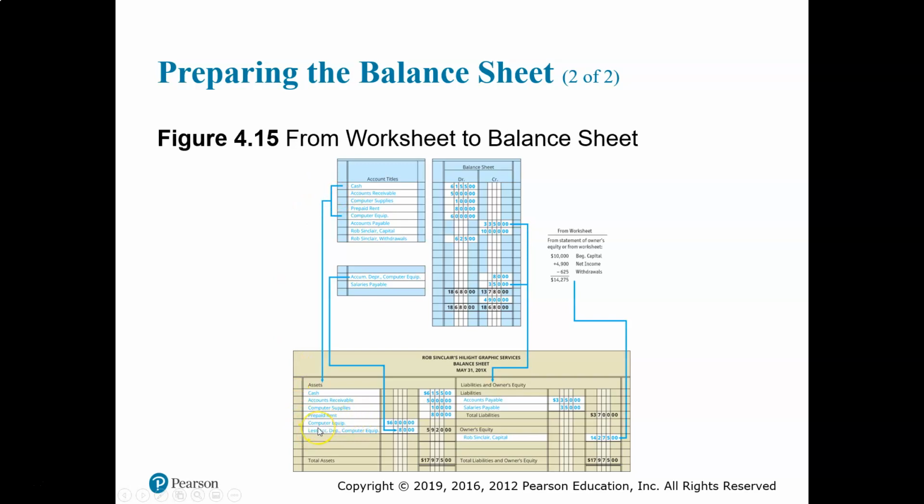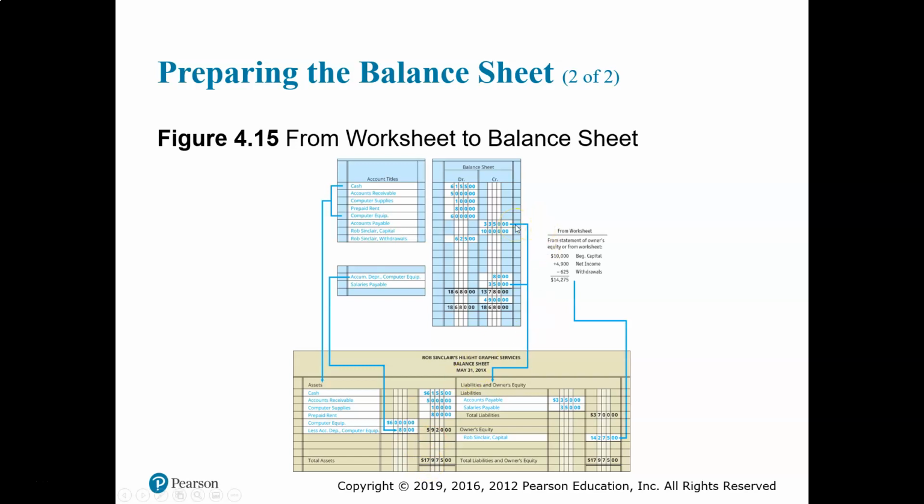Now remember, computer equipment less accumulated depreciation, which is your contra asset account, to get you your net carrying value of that computer equipment. So that's how that should be illustrated. You have dollar signs at the top of each column, and then you have your total assets there.